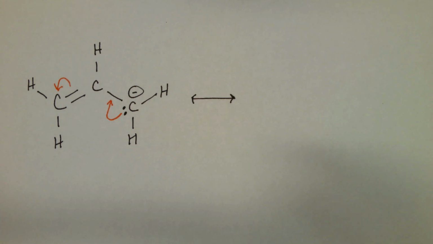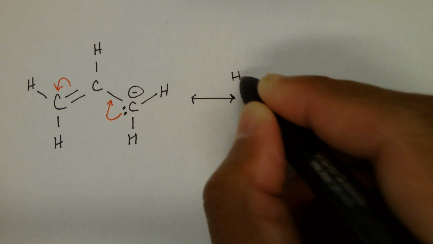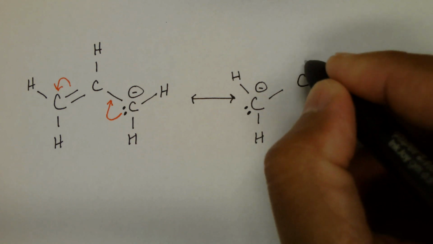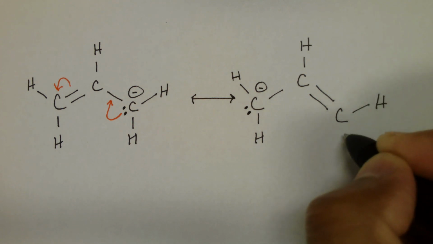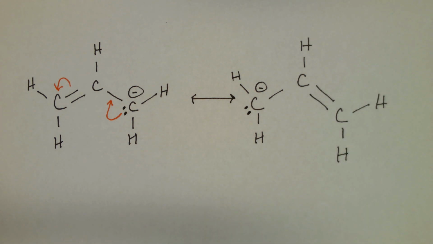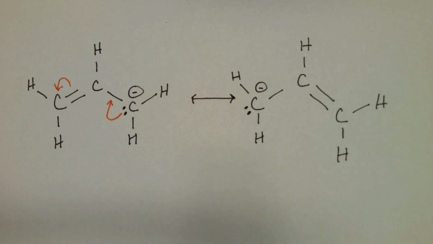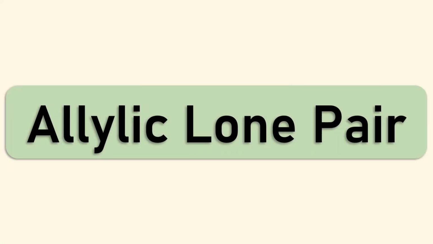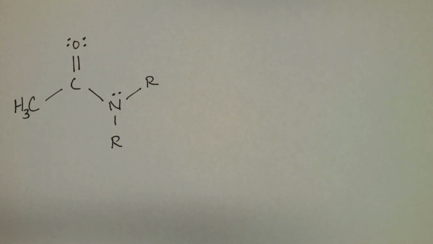Here's the double-headed arrow to represent resonance, and my new structure looks like this. Because there's a negative charge on a carbon atom in each case, these are equal resonance structures. Here's another example of an allylic lone pair.